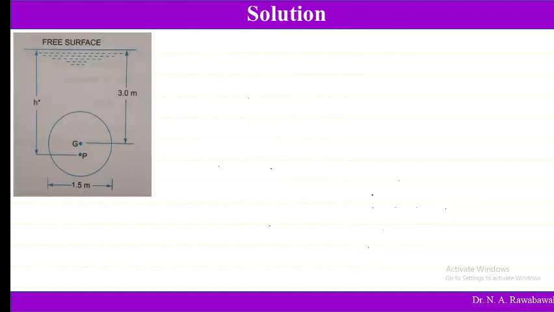To simplify, first of all, the area of the plane A is given by pi by 4 d square, or pi by 4 into diameter 1.5 square.